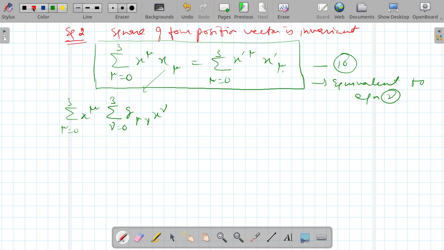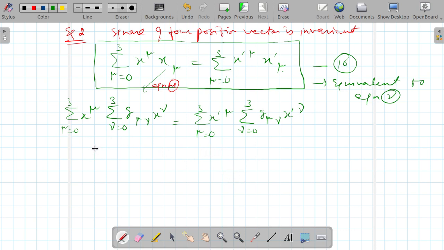Similarly, if I use equation number 4 here, this may lead to x prime mu and the summation of g mu nu x prime nu, right?